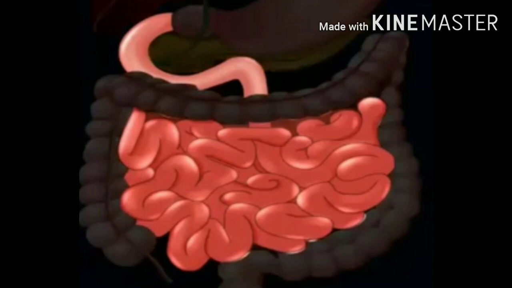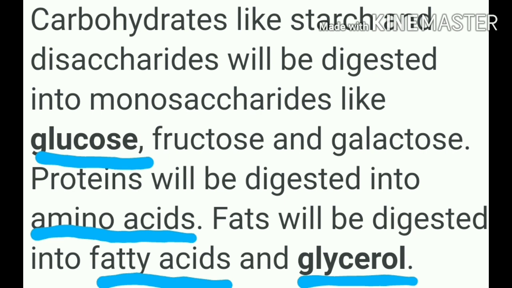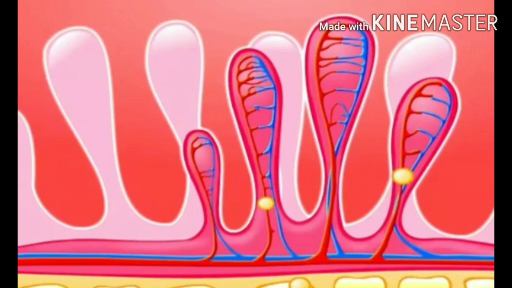The enzymes present in it finally convert the proteins into amino acids, complex carbohydrates into glucose, and fats into fatty acids and glycerol. The digested food is taken up by the walls of the small intestine.